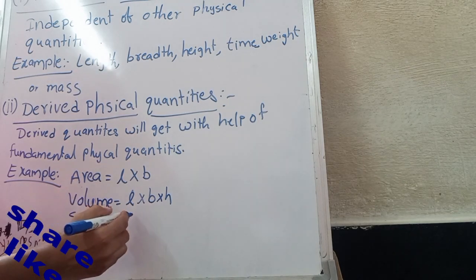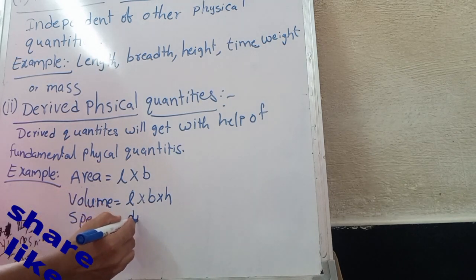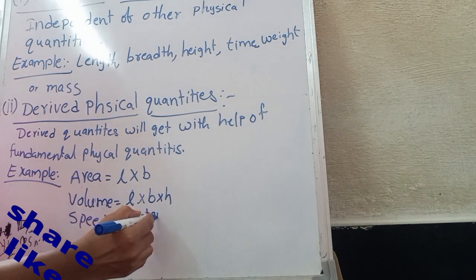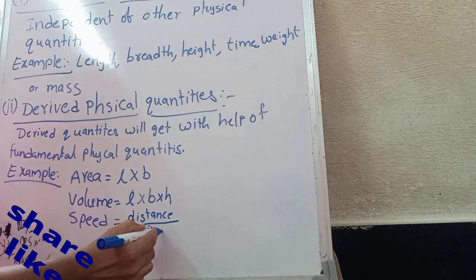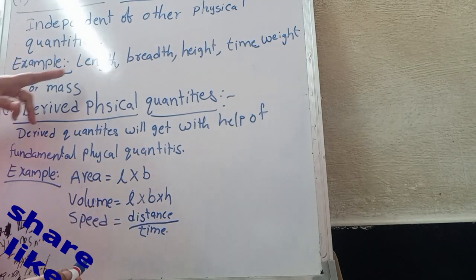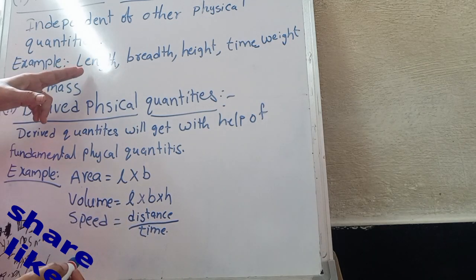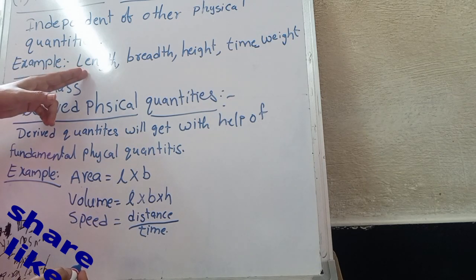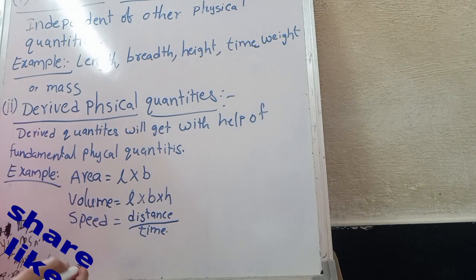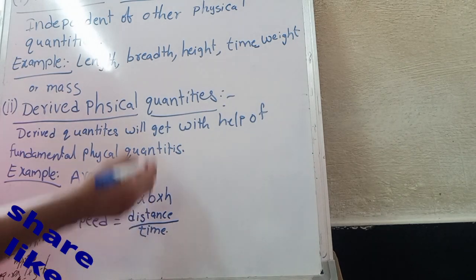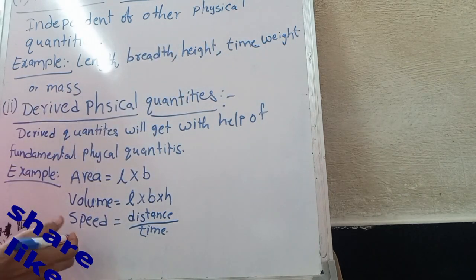And speed: distance by time. Here distance is nothing but length. The vehicle travels from one point to another. That is nothing but length. Length is considered as the distance. And time is also a fundamental physical quantity.